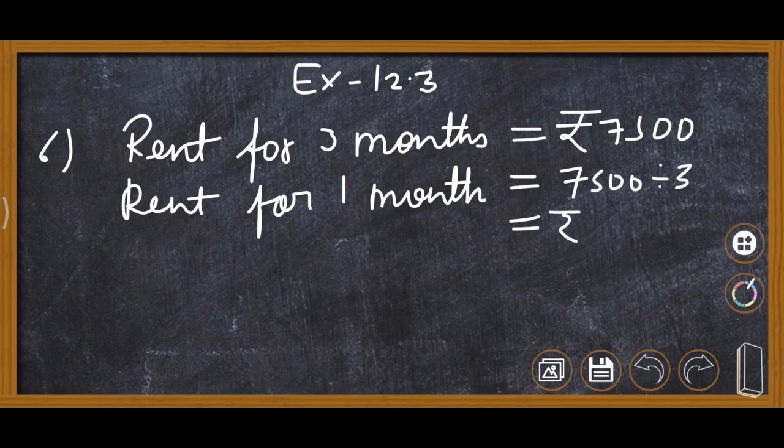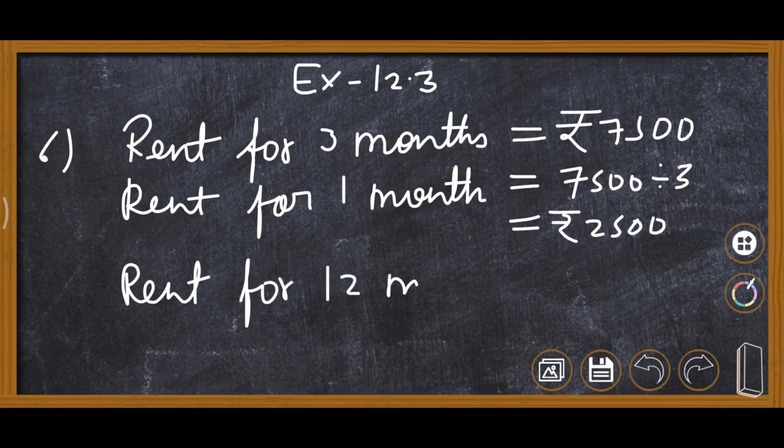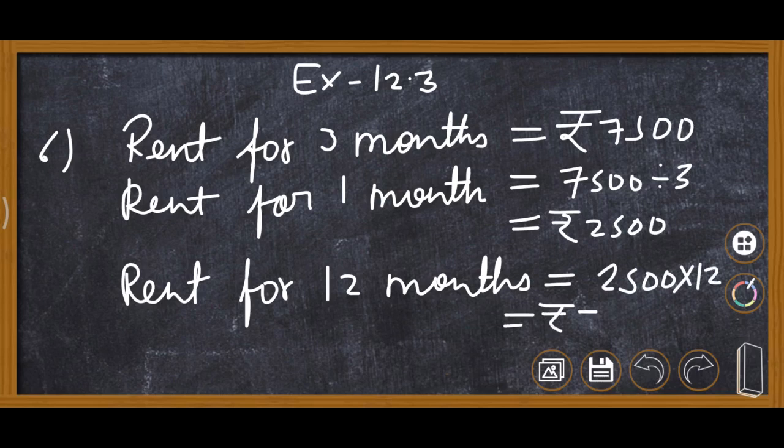Now answer is 2,500. Now we will find the rent for 12 months, because it is asking for finding the rent for a whole year. A whole year contains 12 months. So here we will multiply this by 12. Now answer is 30,000.